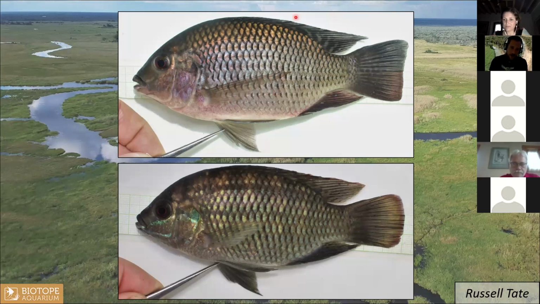And so here you've got your Coptodon rendalli, your redbreast tilapia. These get much more brilliantly colored than what my photographs say, unfortunately, but they're my photographs, so I'm happy to share them. And then you have another species which is fairly common in your markets, Tilapia sparrmanii, also a really nice little fish that we also get back here in South Africa, and I've kept a few.